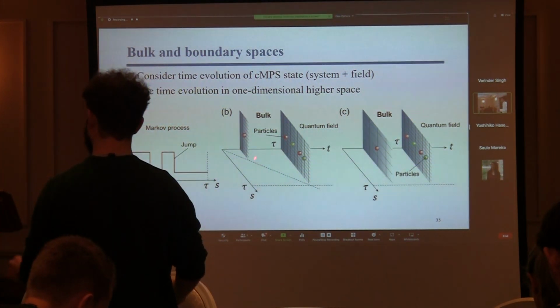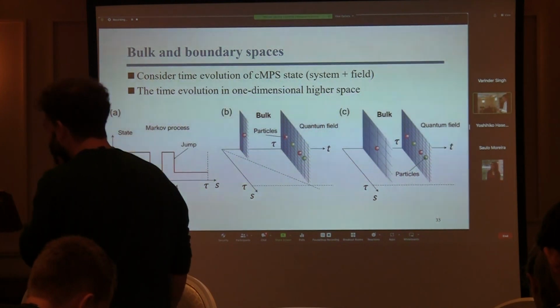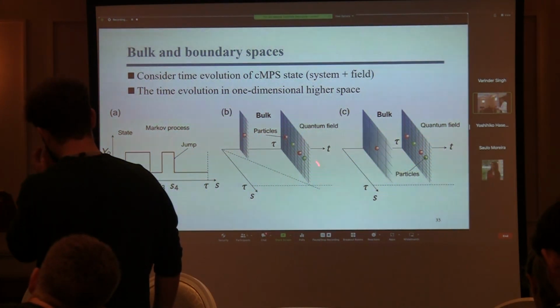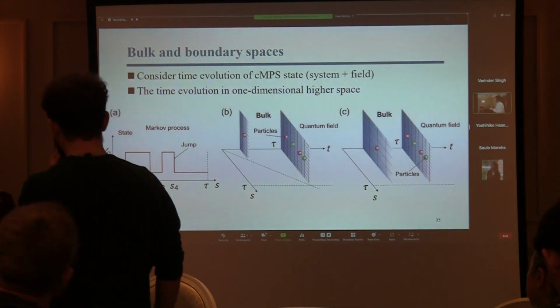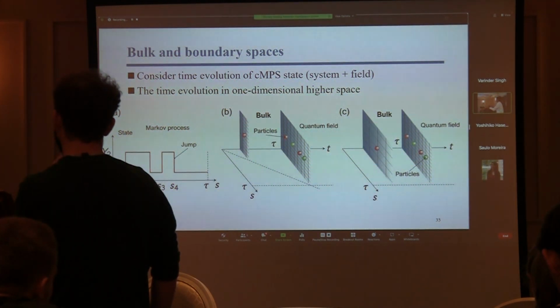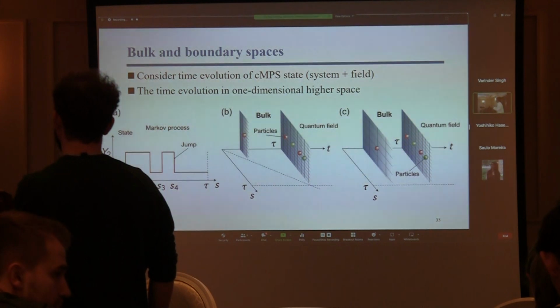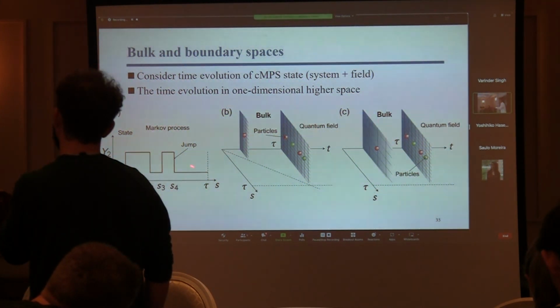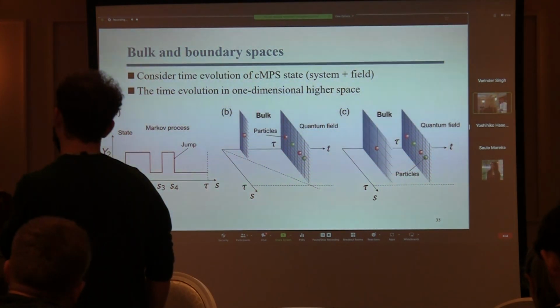Okay, so this is not the exact picture of CMPS, because in this case, some realization of particle creation is represented. But for the case of CMPS, all possible information is recorded. So for instance, this is only a case of this jump, this trajectory, but the CMPS can include all possible jump events. So this is only used for explaining the concept of CMPS.